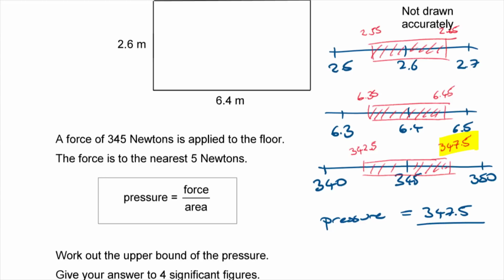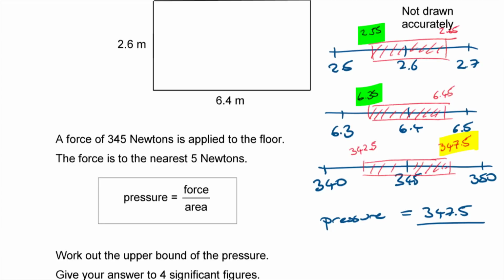So then the area, am I going to take the smallest possible area or the largest possible area to make the largest possible pressure? I think if you're going to divide, you want to divide by the smallest possible value to give you your largest possible value. So what's my smallest possible area I can get? That would be taking the lower bounds of my two sides of my rectangle and multiplying them together.